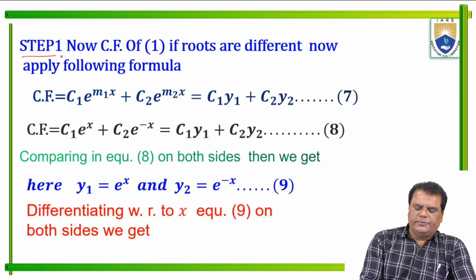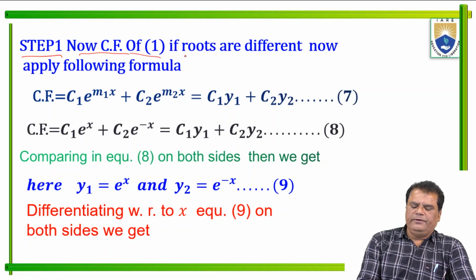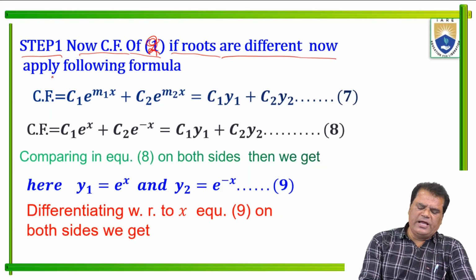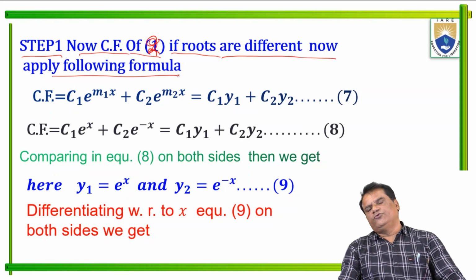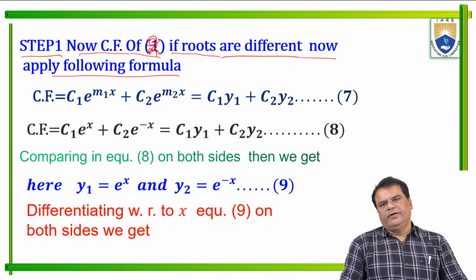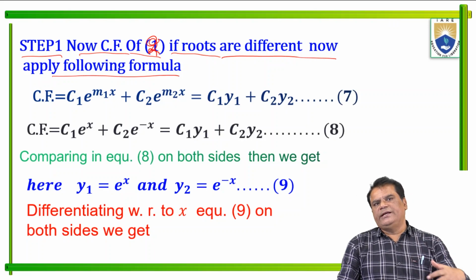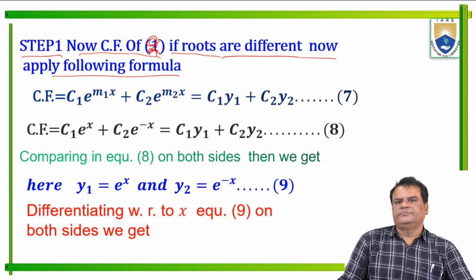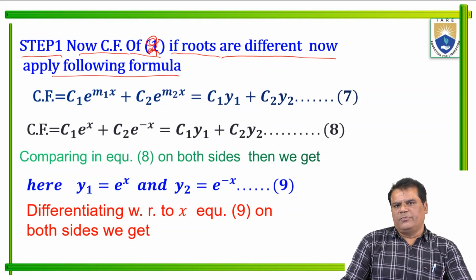So step 1: now, CF of 1, CF of 2 if roots are different. Now applying the following formula to find the complementary function. We have discussed this formula in the last lecture in detail, and we have already proved this formula.